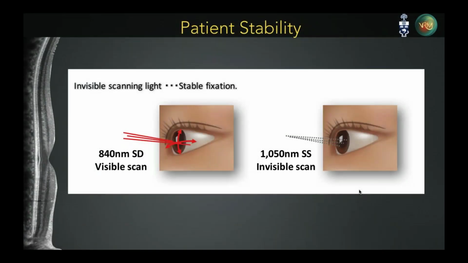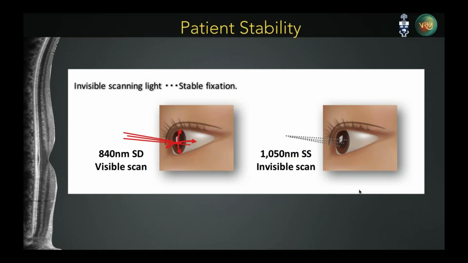So one of the other beauties of the Triton that we've seen, and of Swept Source in general, but particularly of this device, is that because the wavelength is longer in the 1050 nanometer realm, it's actually in the invisible world of light. So it's an invisible scan. That is, the patients do not see the light that is being used to scan their retina.